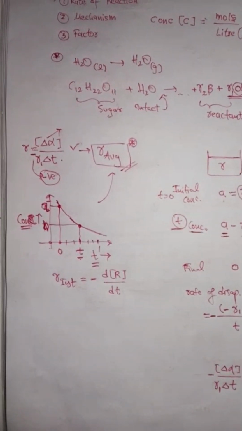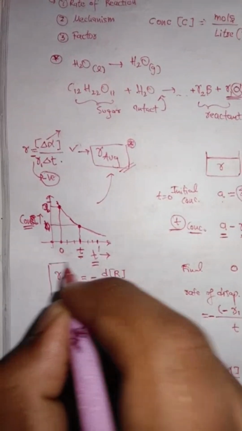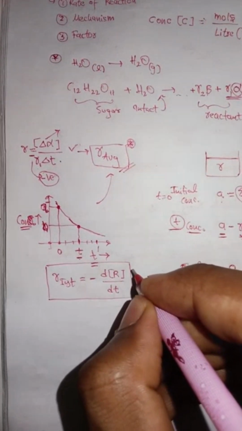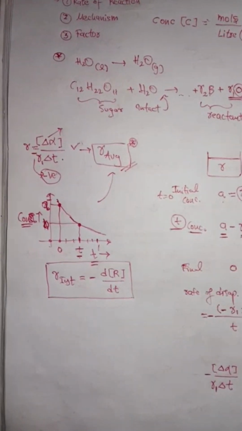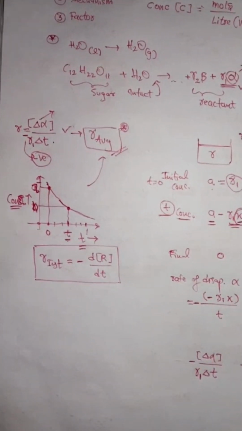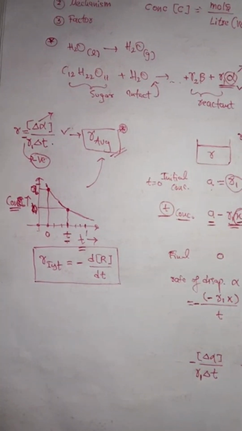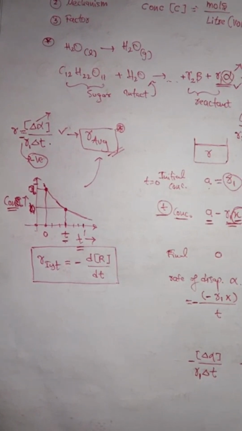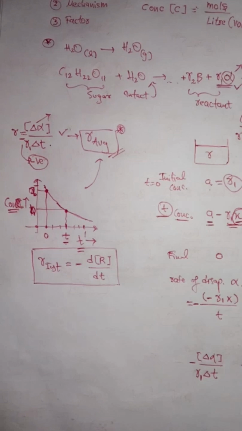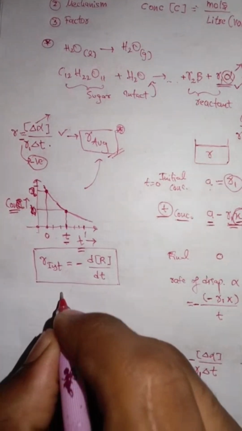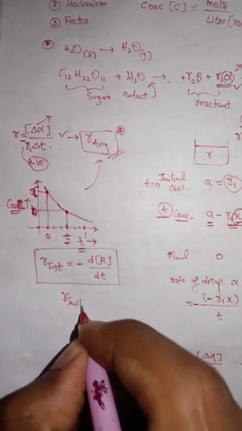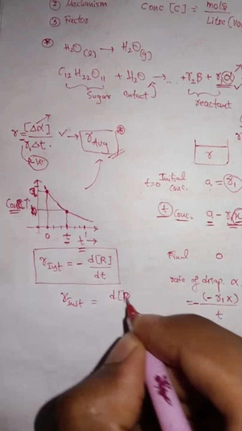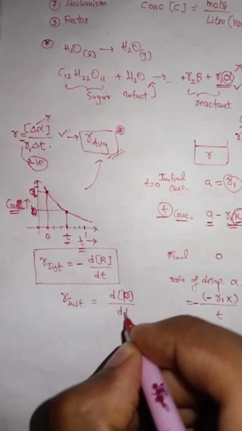This is how we find the instantaneous rate, which is different from the simpler formula we gave earlier for rate. And for a product, the instantaneous rate would be dP divided by dt.